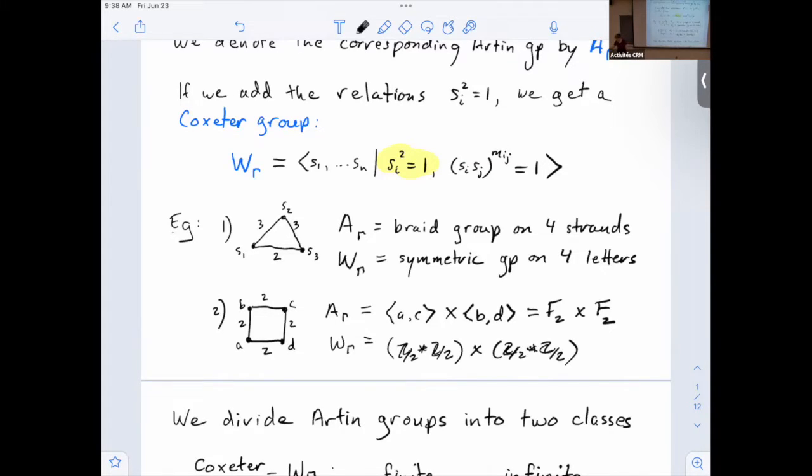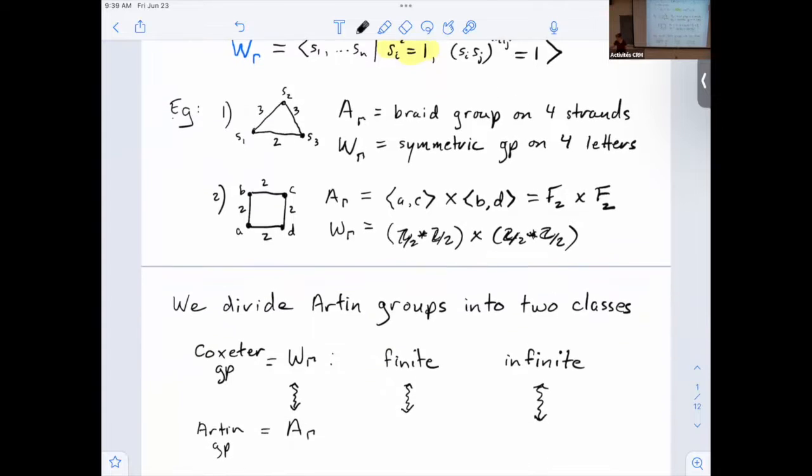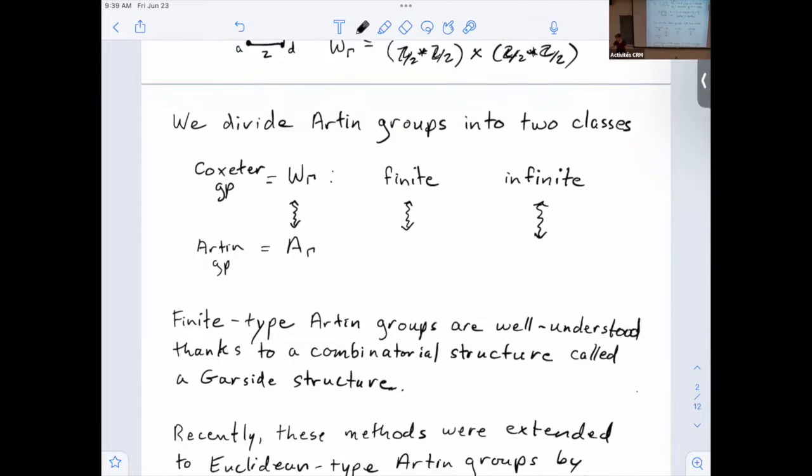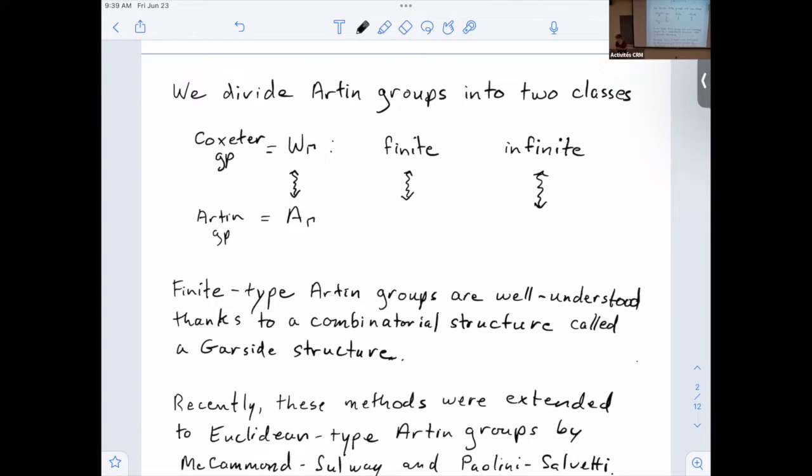But there are two important things to keep in mind here. Z mod 2 star Z mod 2 is virtually Z. I mean, this Coxeter group is infinite, and an important thing that's sparked different kinds of research is that we could divide Artin groups into 2 classes, namely the Coxeter groups are sometimes finite and sometimes infinite.